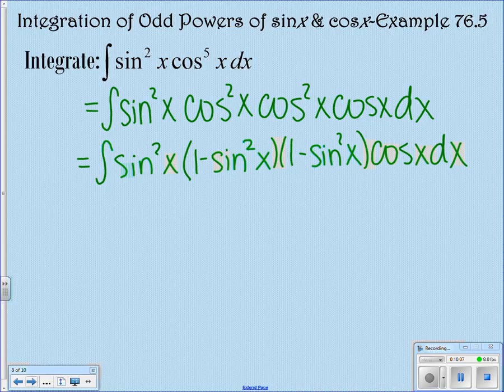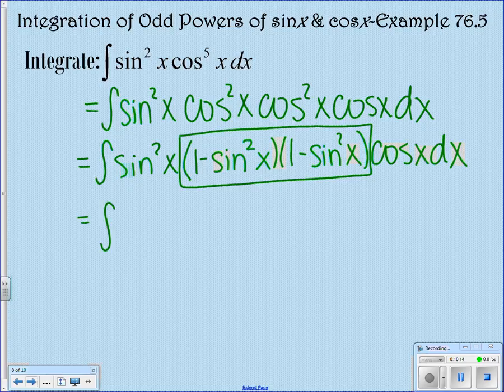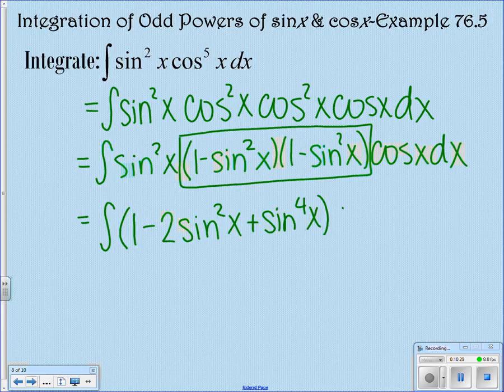So now I'm going to go ahead and distribute this part here, and I'm going to leave the sine squared x and the cosine x dx at the end. I'm going to have 1 minus 2 sine squared x plus sine to the 4th x all times sine squared x cosine x dx.